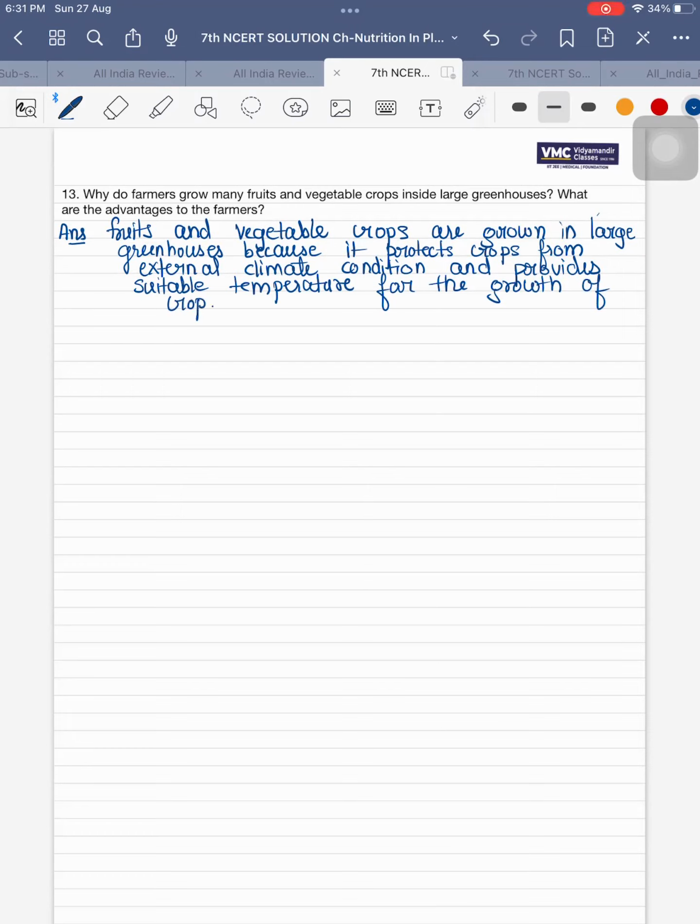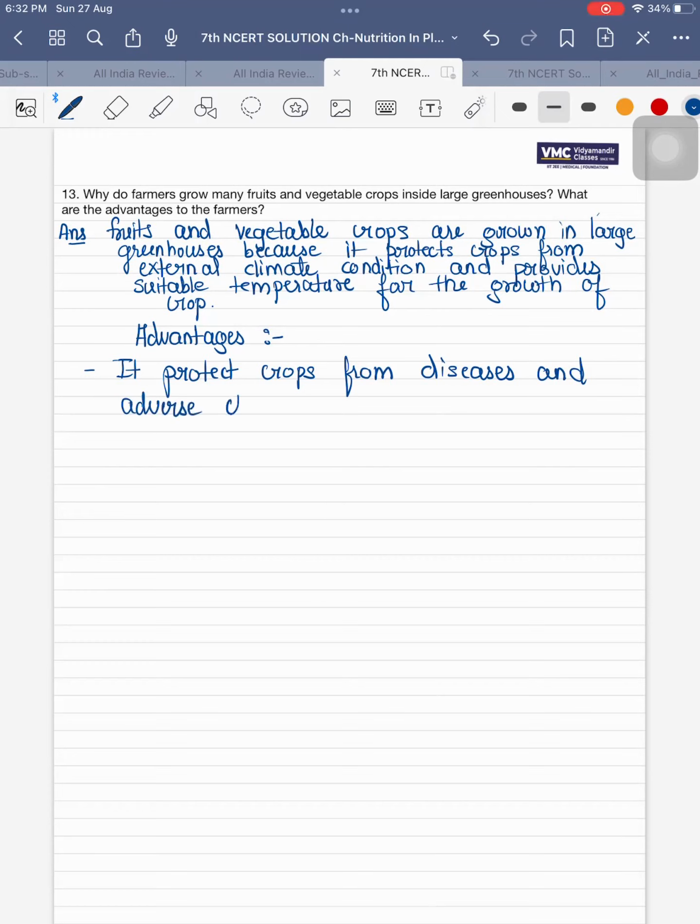Now, what are the advantages? So let's write the advantages. Number one, it protects crops from disease and adverse climate conditions.